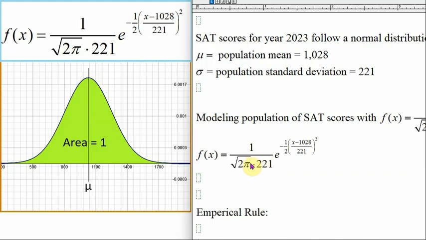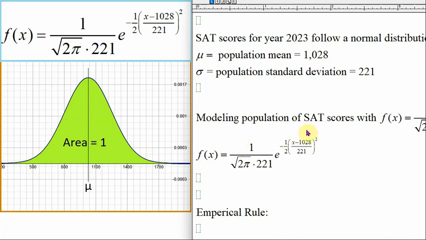And then what it allows us to do is this. Let's say I want to know what percentage of SAT scores are above 1400, or what percentage of SAT scores are below 800, or what percentage are between 800 and 1100, and so on.